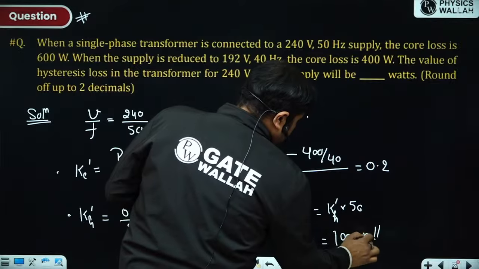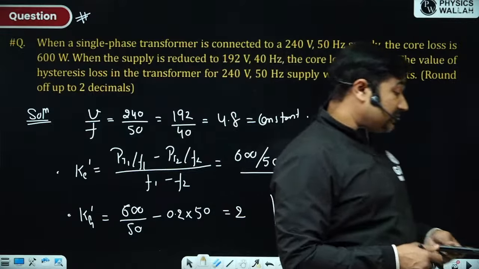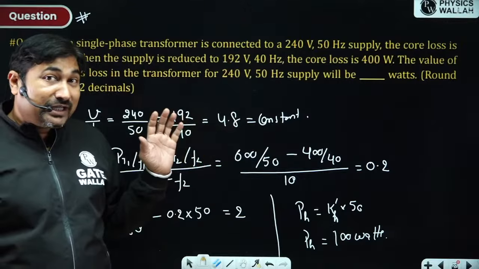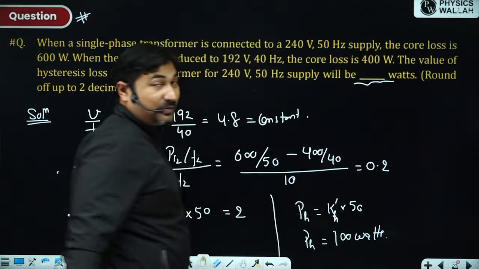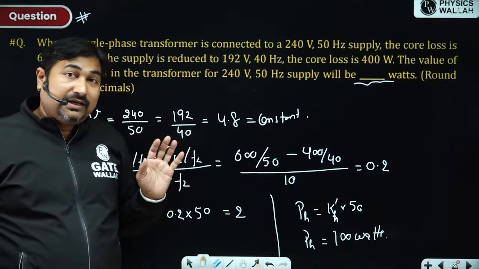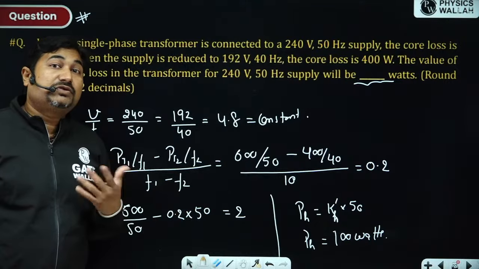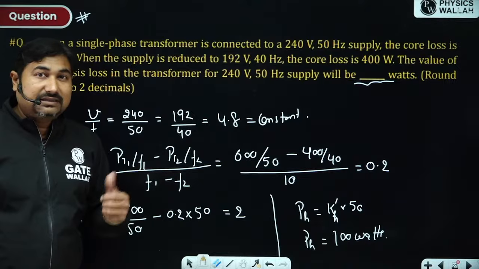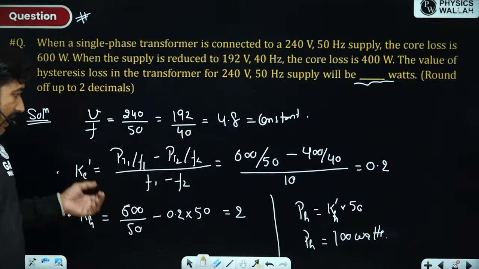See, it doesn't matter how proficient you are or how many questions you have done in practice. If you make any calculation mistake, then in NAT no marks will be awarded to you. If I made that mistake and put 300, I would get no marks. There is another way to counter check also. In such kinds of questions, because it's NAT and you don't know whether the answer is correct or not, it is better to go with one more way, like I have calculated in this way.